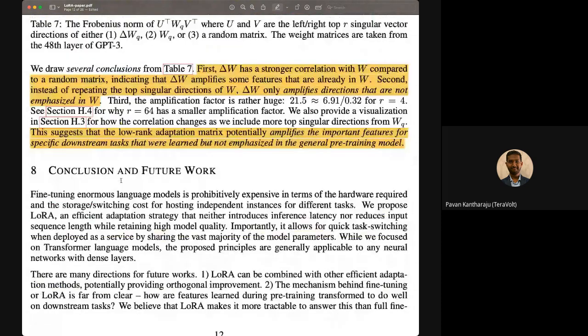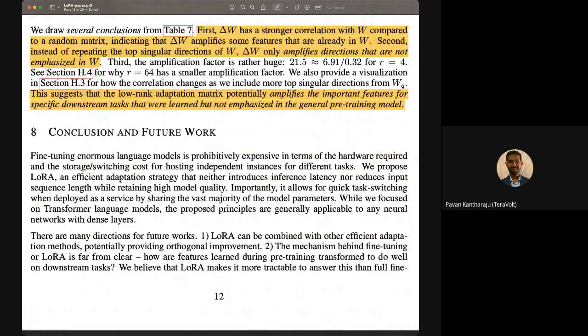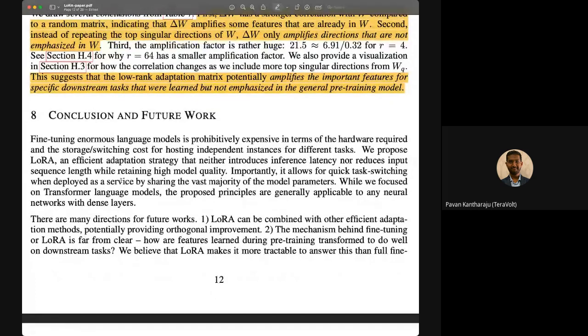Essentially, some directions for future work could be that you can combine LoRa with different adaptation methods. You can also look at the mechanism behind fine-tuning LoRa.